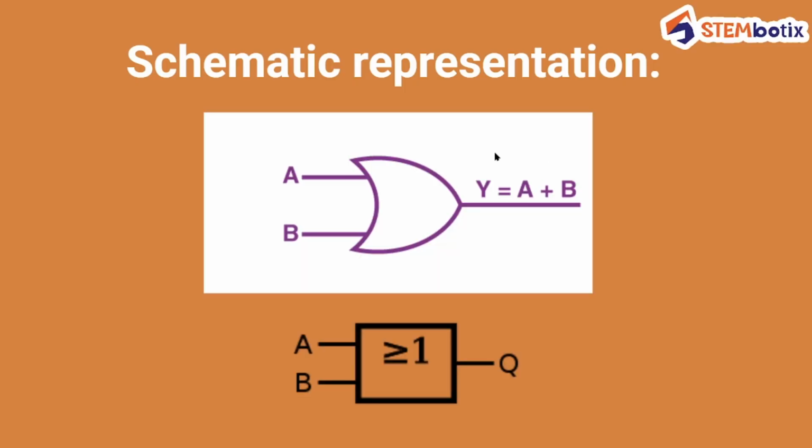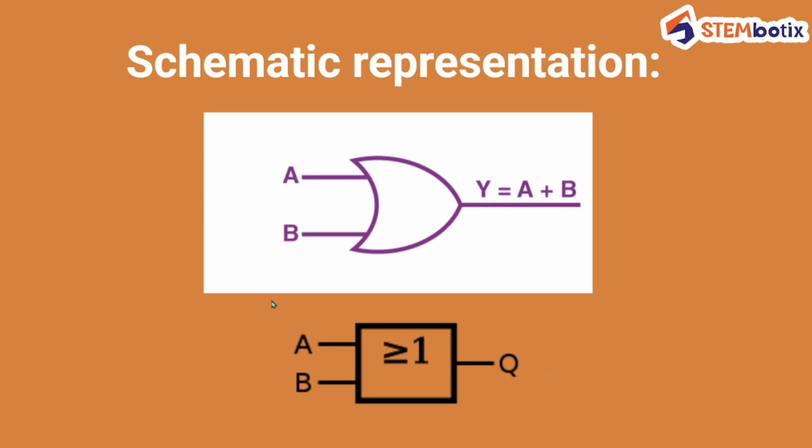This is how the OR gate looks. The schematic representation of the OR gate has a minimum of two inputs, input A and input B, and a single output. Y equals A plus B, which you can denote as a box in which, if one of the inputs is greater than or equal to 1, you will get output.